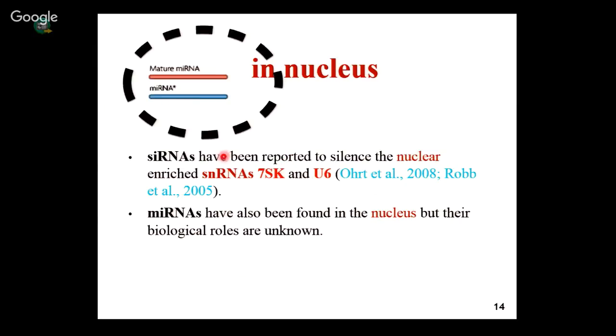There is some evidence that siRNA has been reported to silence the nuclear-enriched small nuclear RNAs 7SK and U6. MicroRNAs have also been found in the nucleus, but their biological roles are unknown.